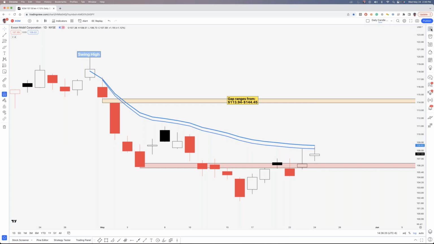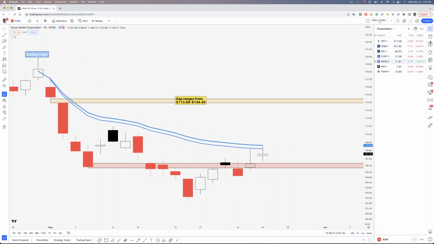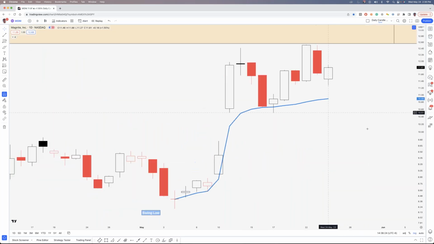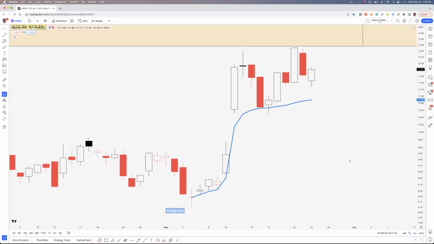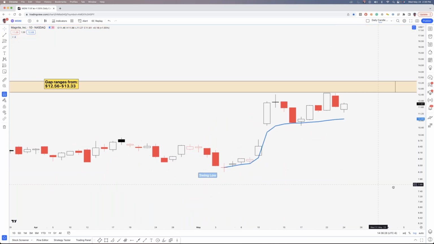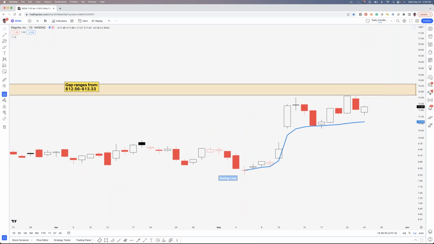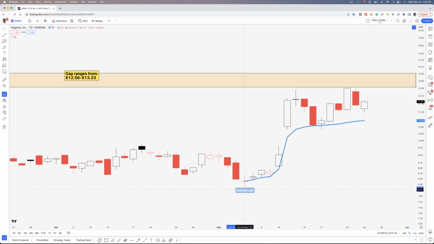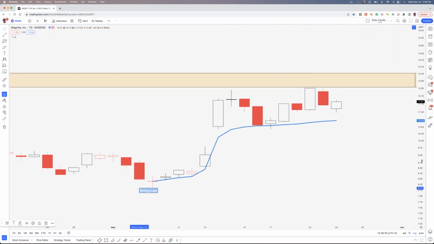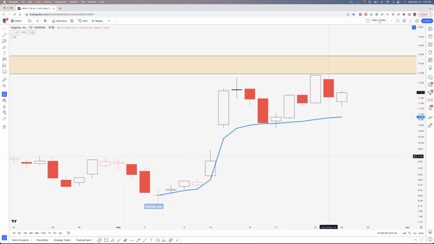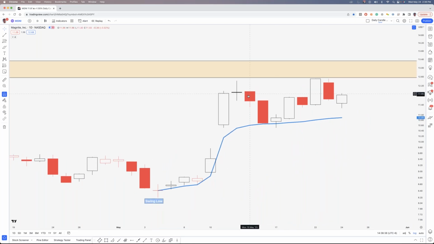For example, here, and I know we're about to run out of time, MGNI is a great example of this as well. This was a trade idea that was mentioned over the last week, and it was being mapped out way before it actually became valid. Up here on May 15th, I noticed that price was starting to pull back after an earnings gap up.